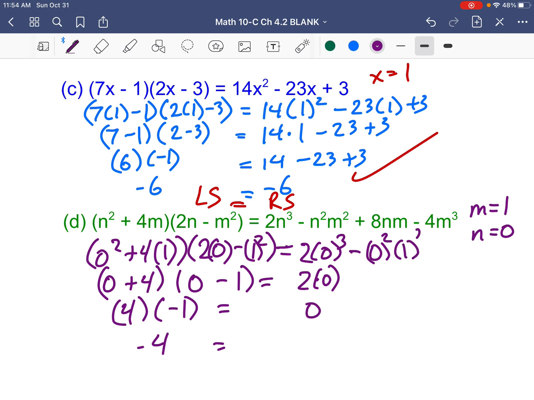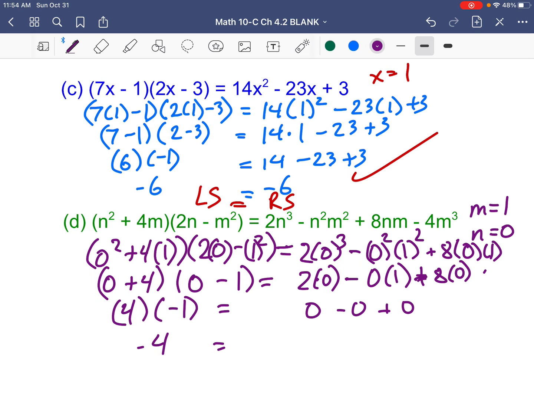Minus 0 squared times 1 squared. 0 squared, that's 0 times 1, which is 0. Plus 8 times 0 times 1, that's plus 0.